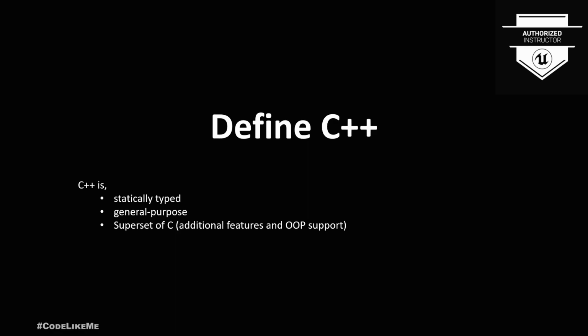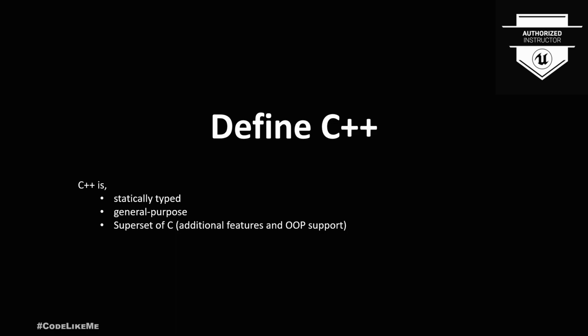The opposite of general purpose is a language that is specifically defined for only one domain. For example, we can take Blueprints in Unreal Engine. We can't use Blueprints anywhere else, only in Unreal Engine. So that's a specific language. C++ is not; it's general purpose.